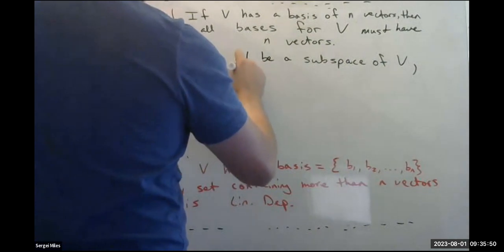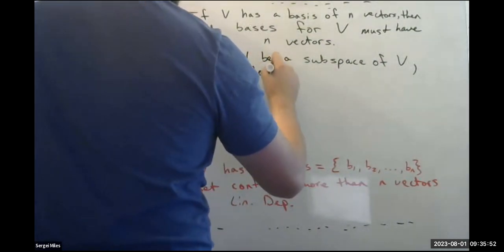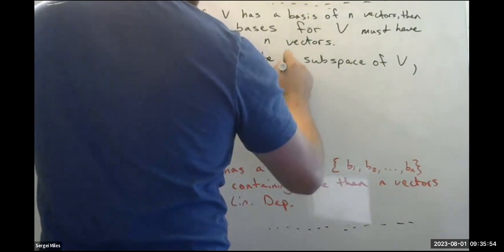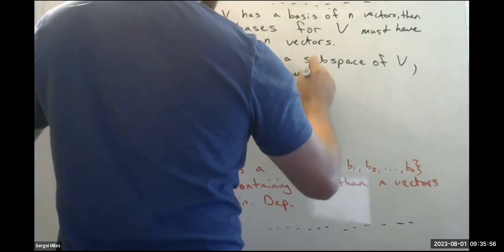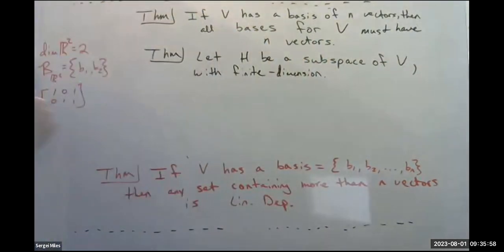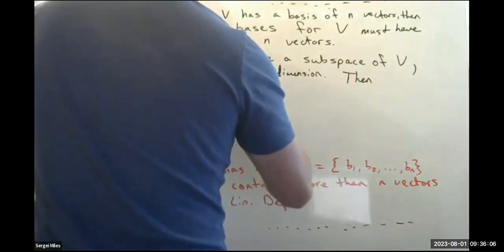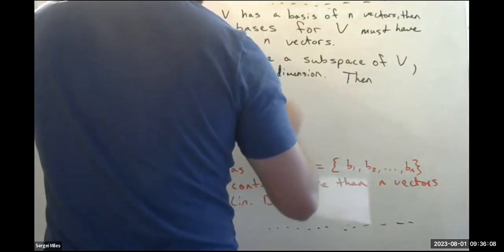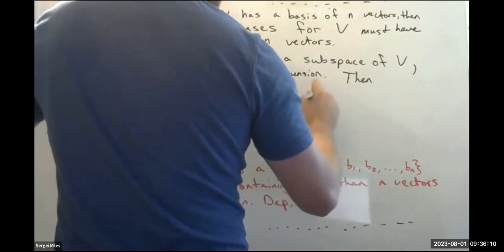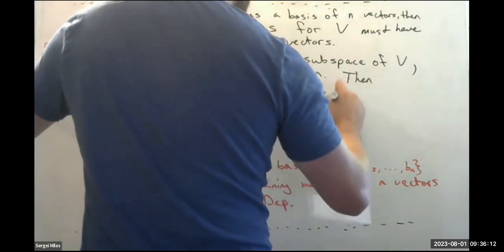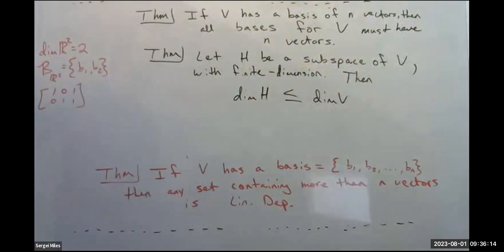So this theorem only applies in the finite dimensional case, which is good because that's all we're using for this class. Then the dimension of the subspace is less than or equal to the dimension of the vector space.